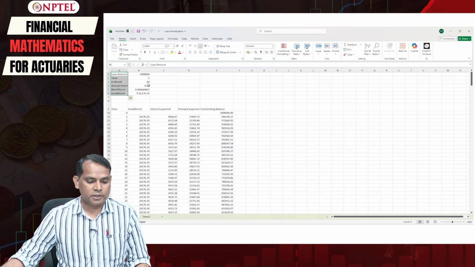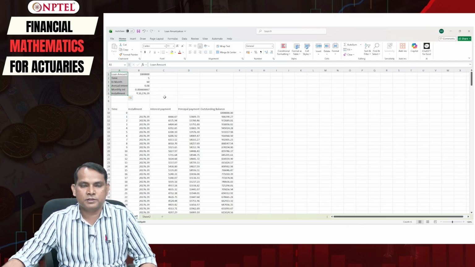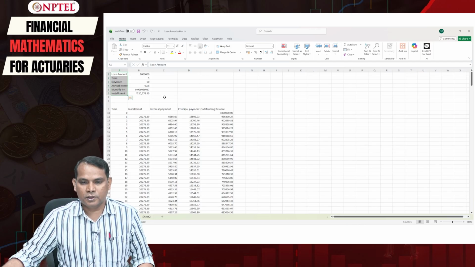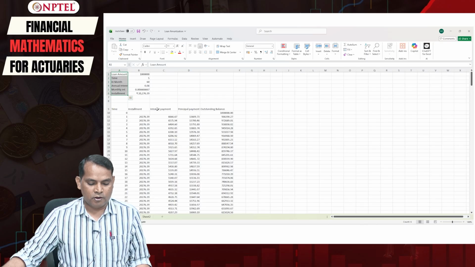So with 8% per annum, you want to complete the loan within 5 years. Now how much installment would you like to pay, or what is the installment amount from period 1 till the end of the loan period?